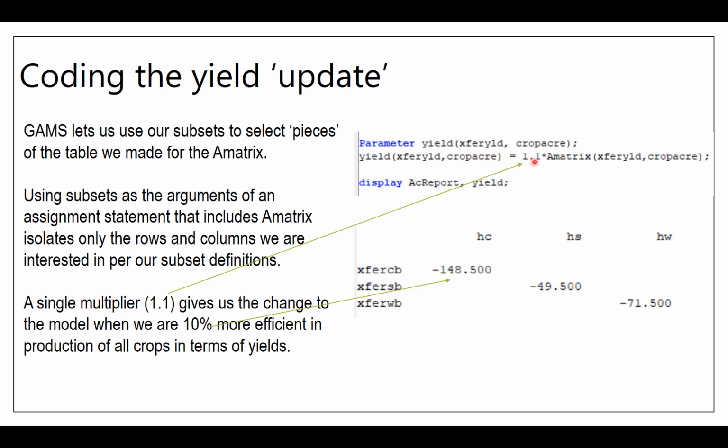And it's just going to be 1.1 times whatever sits in the A matrix at the intersection of transfer yield and crop acre. So where those three rows and those three columns intersect, you end up with a matrix that's really just a diagonal matrix. It looks like this. And now I'm just saying make that 10% larger, 1.1 times the A matrix value.